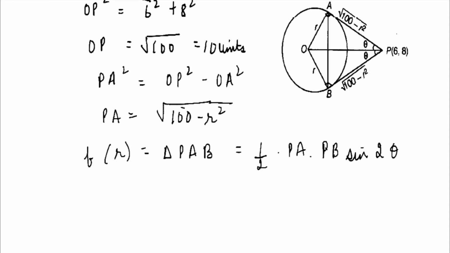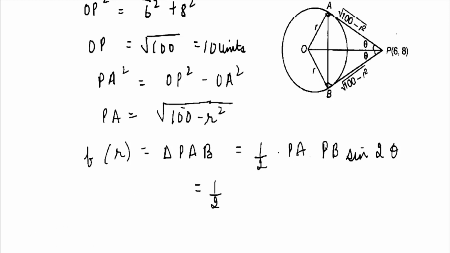I'm substituting the values. So this is half into the value of PA. Now PA and PB are both equal to under root of 100 minus r square.